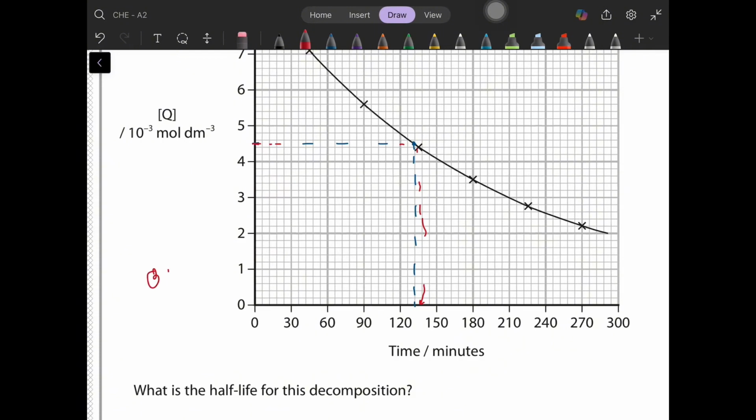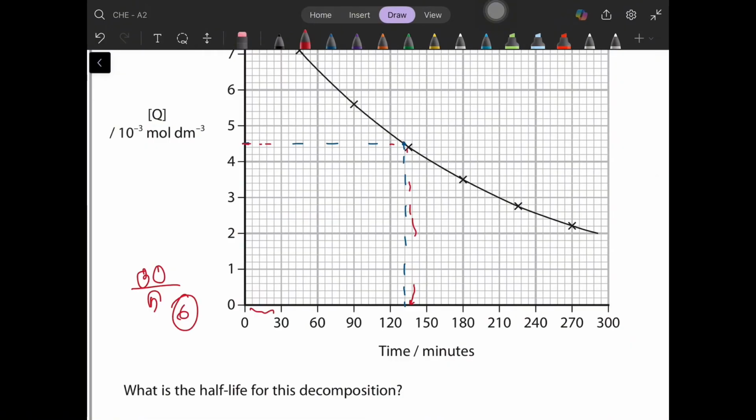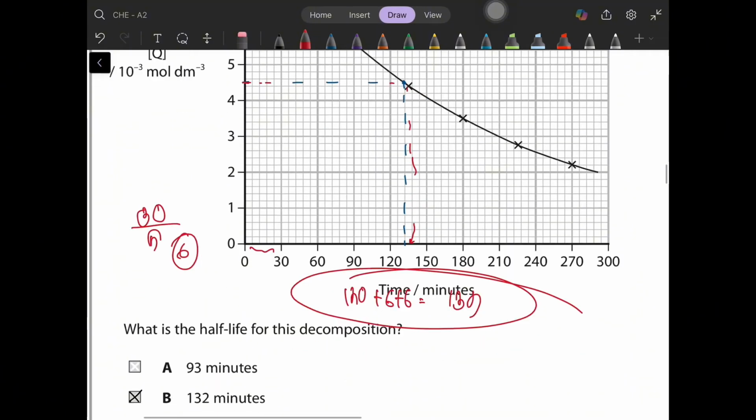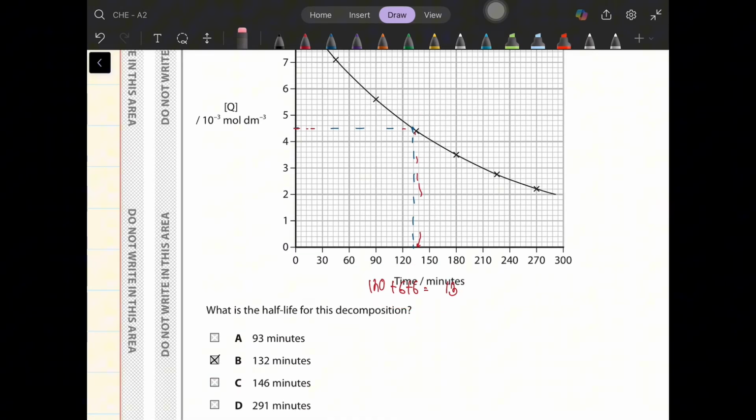The way you do this is divide 30 by the number of boxes, that is 5 over here. 30 divided by 5, so each box should represent 6. So this should be around 120 plus 6 plus 6 equals 132, and 132 is going to be the half-life. See, 132 minutes is indeed the half-life of this decomposition.